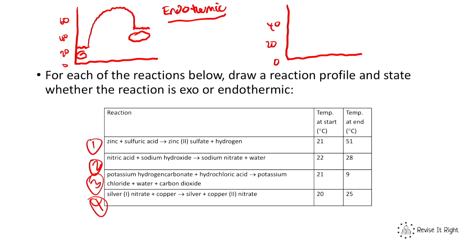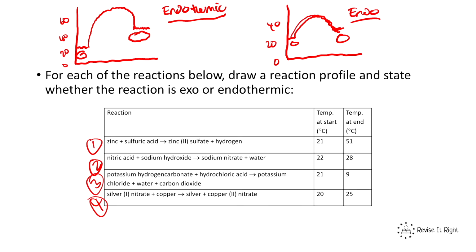It starts at 22, somewhere around here, and it finishes at 28. It's going to end around there, so it's going to look something like that. Again, the energy of the products is more than the energy of the reactants, so that's an endothermic reaction as well.